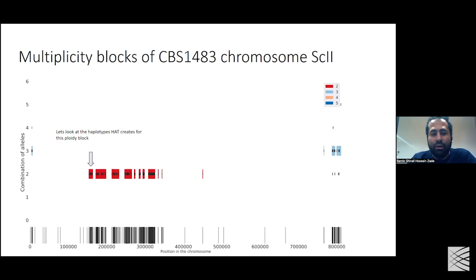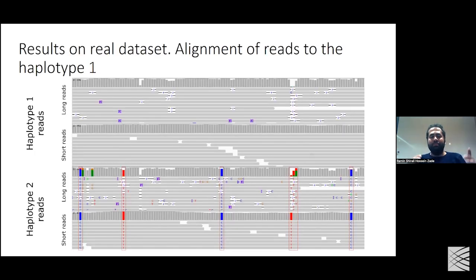We mapped the short reads and the long reads of haplotype 1 to the haplotype sequence that HAT had created for haplotype 1. And we also aligned the short reads and long reads of haplotype 2 to the same sequence that HAT had created for haplotype 1.